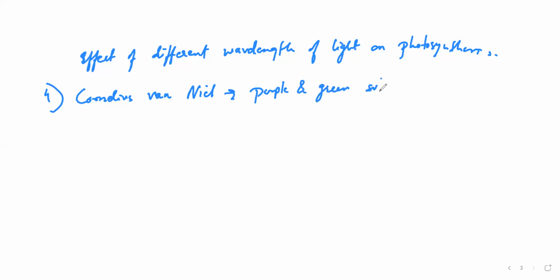Okay, so that was his study where he used the purple and green sulfur bacteria to show that photosynthesis is light dependent, means it needs light for the process to occur.